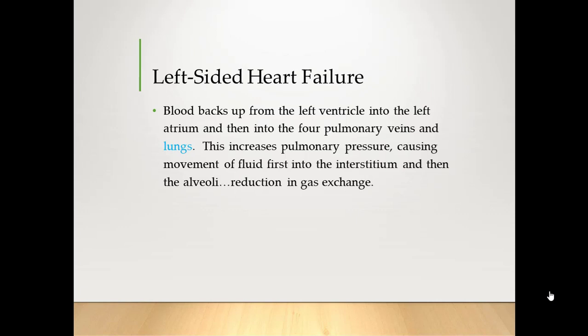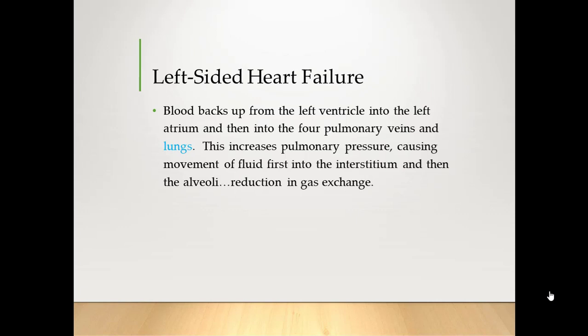All right, so left-sided heart failure. If you remember, left L, left-sided heart failure generally affects the lungs first. Left, L, lungs. Because the blood is backing up from the left ventricle into the left atrium and then back into the pulmonary veins and then going to the lungs.